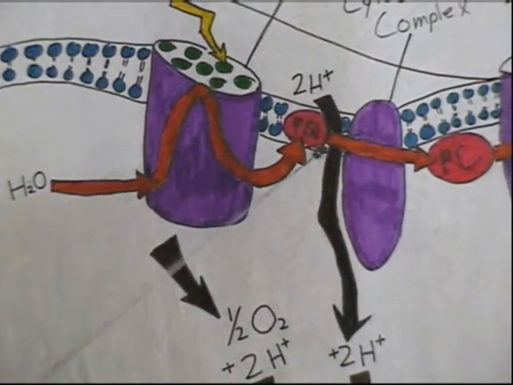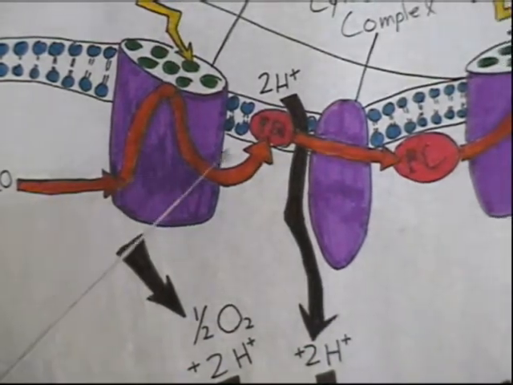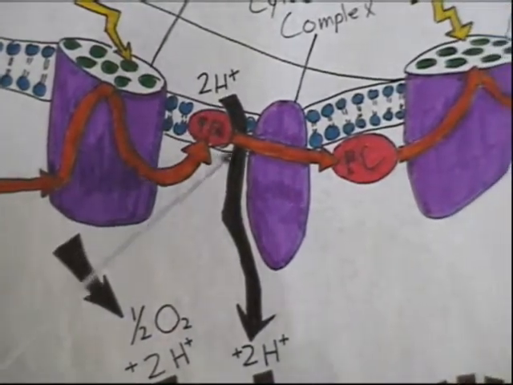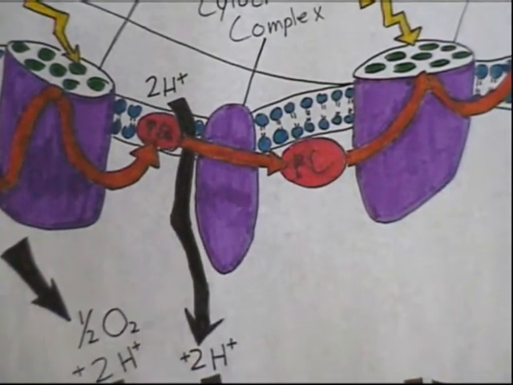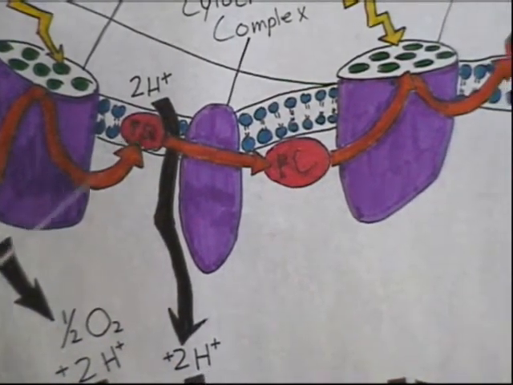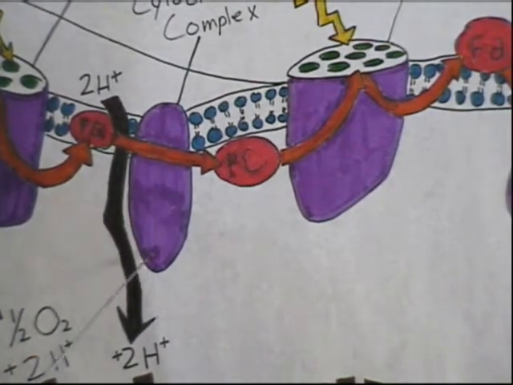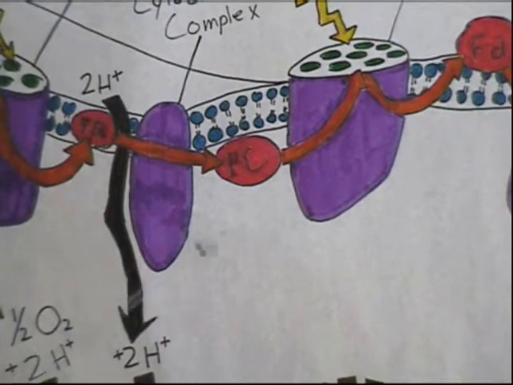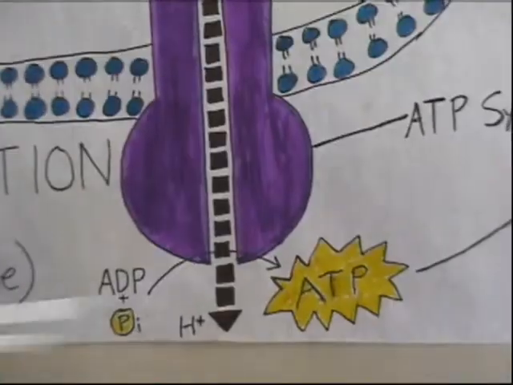Then the electrons, transported by an electron transporter called PQ, are joined with two protons in the thylakoid membrane to move the protons through the membrane into the thylakoid itself. Then, PQ takes these electrons to the cytochrome complex, where their energy levels are reduced, and the extra energy from this reaction is used to make more ATP.